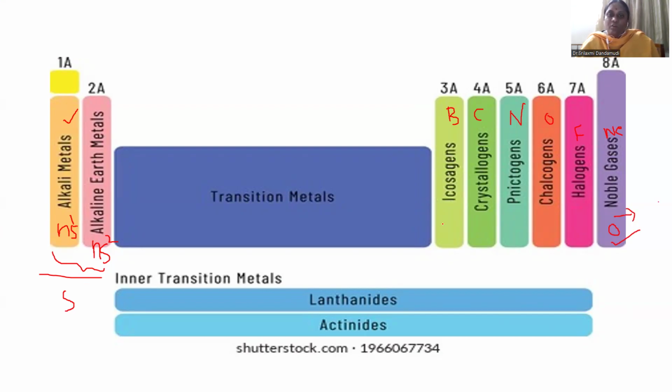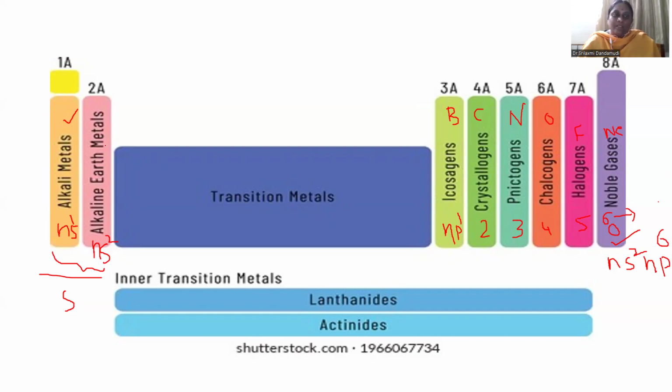So this boron group has configuration np1, and this has np2, then np3, np4, np5, np6. Here, the last group, the 18th group or zero group, contains ns2 np6 configuration. That means it contains completely filled orbitals. So it is very stable and cannot undergo reactions.